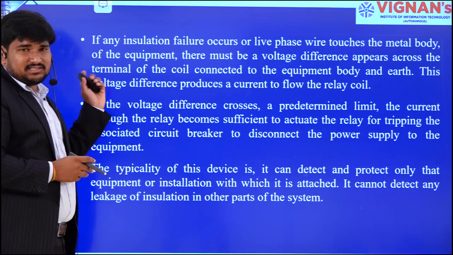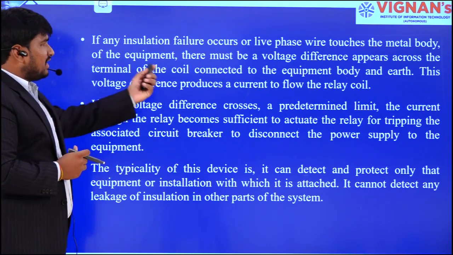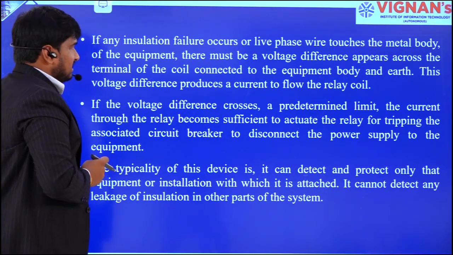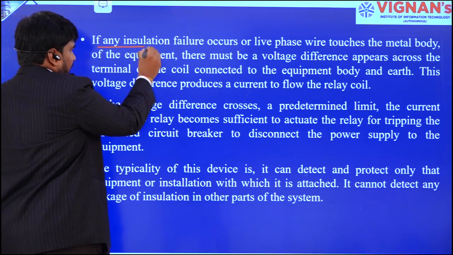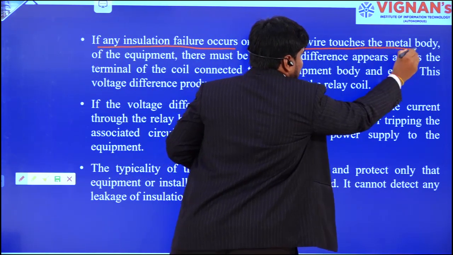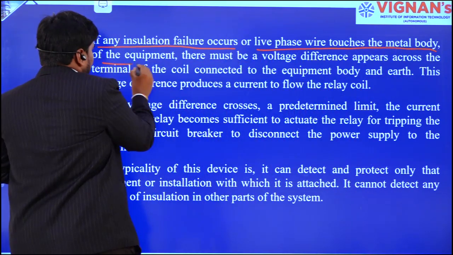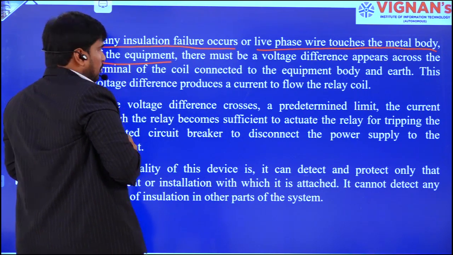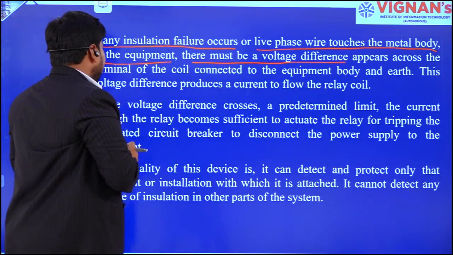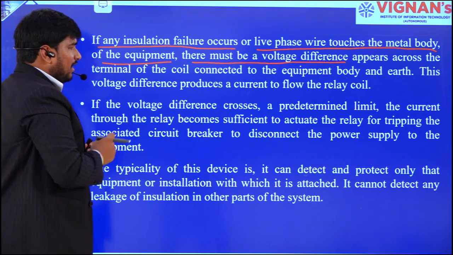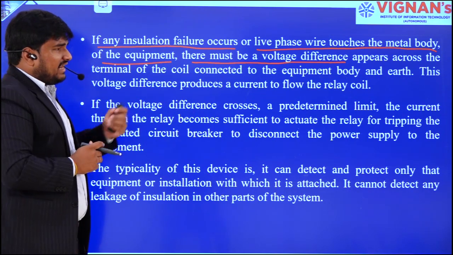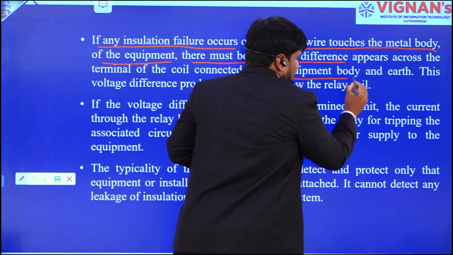I have mentioned these points only. If any insulation failure occurs or a live phase wire touches the metal body of the equipment, there may be a voltage difference between the relay contacts. That means one is connected to the metal body of the load and another is connected to earth.